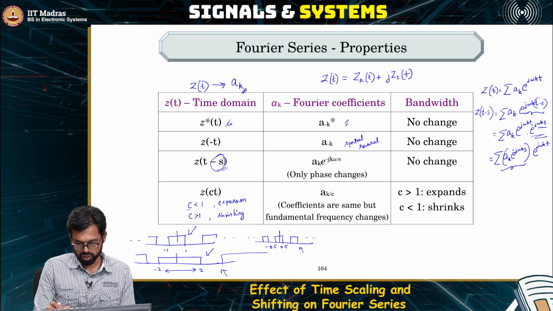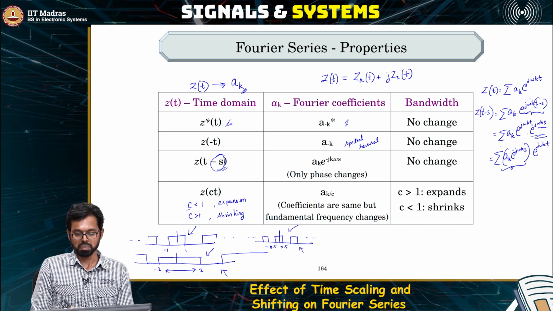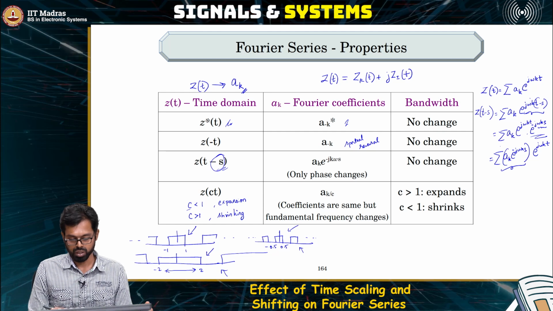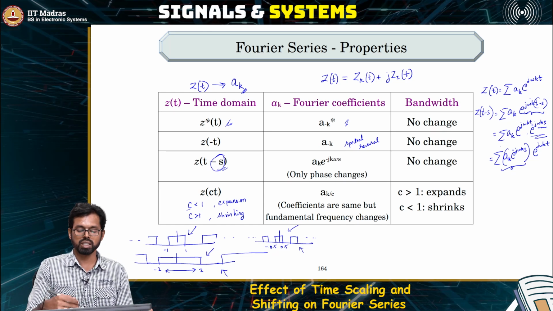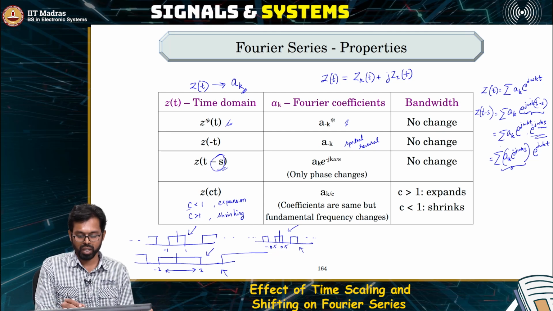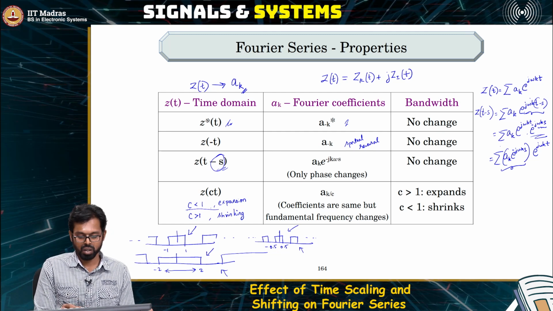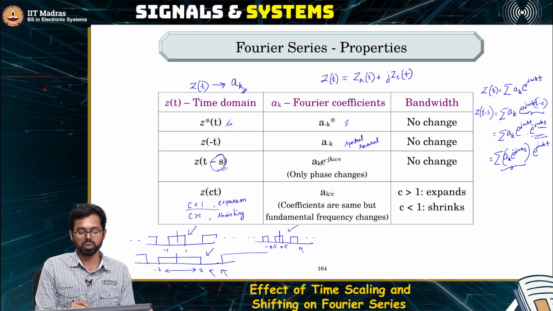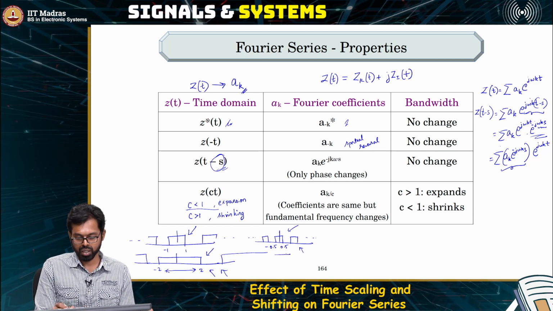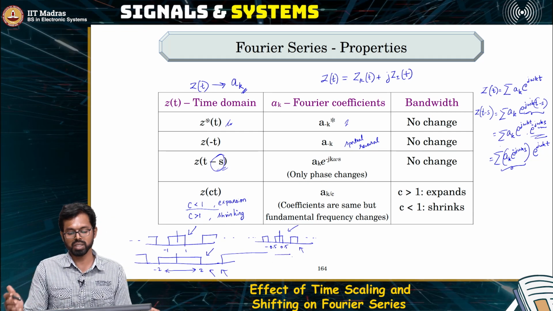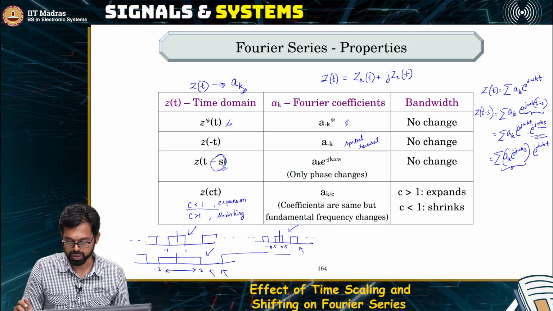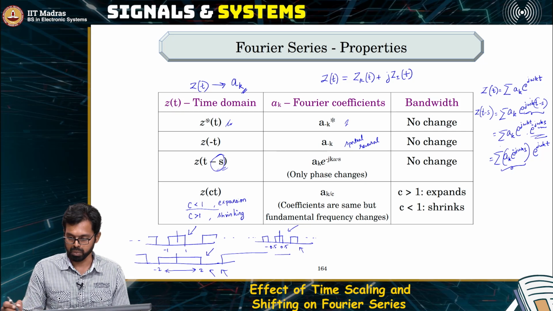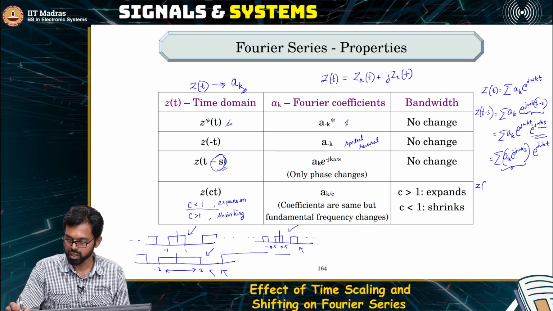Whereas, in the case of shrinking, the period has reduced, which means it occurs more frequently, which means the frequency has increased. So, whenever there is an expansion in time, we expect the frequency to reduce, and whenever there is a shrinking or compression in time, we expect the frequency to increase. This is our intuition, and in fact, this is what will happen also. Let us see what happens when we have time scaling.